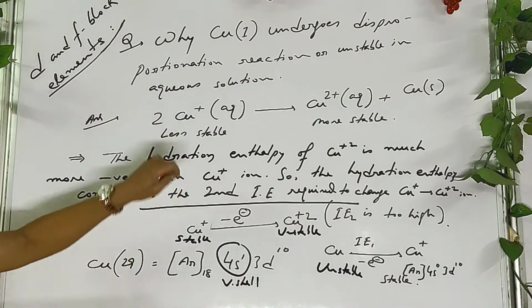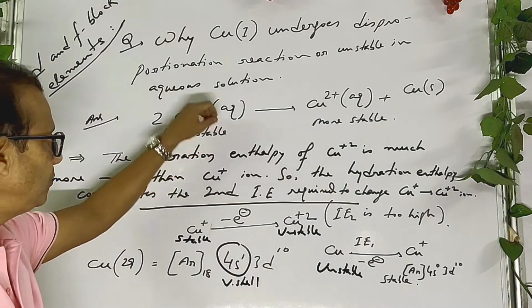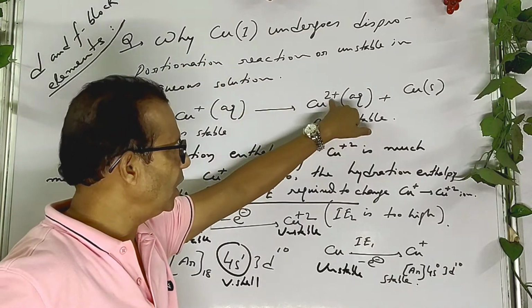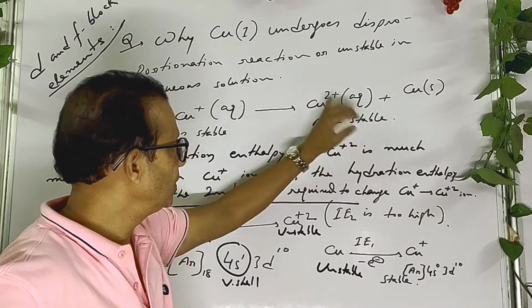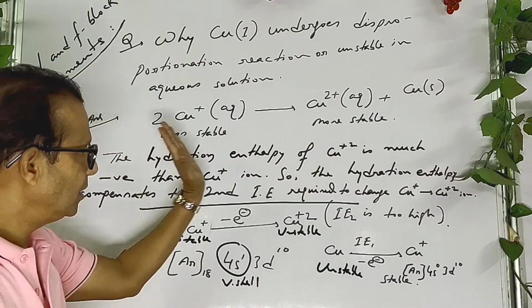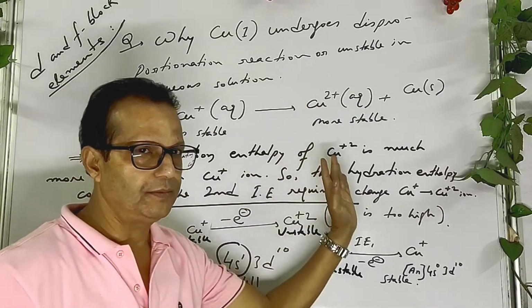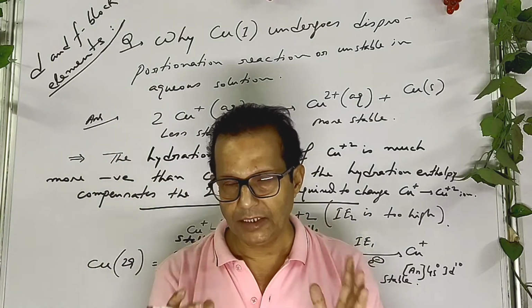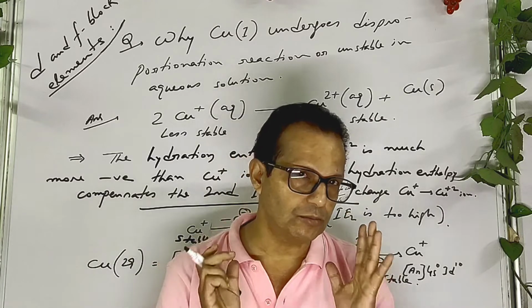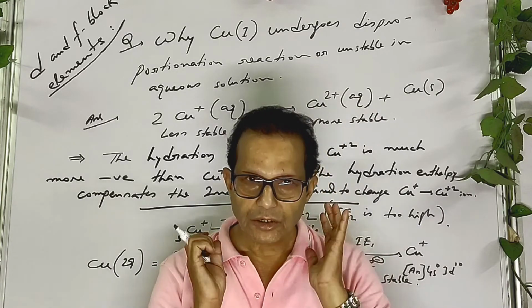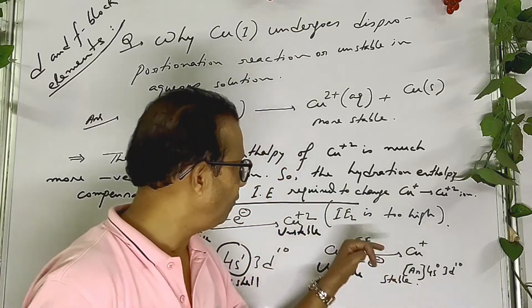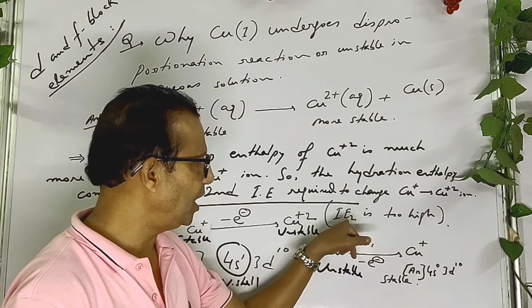Now listen, when copper positive ion in aqueous solution changes into divalent copper, then the hydration energy is much more negative, which compensates the energy required for the second ionization enthalpy.